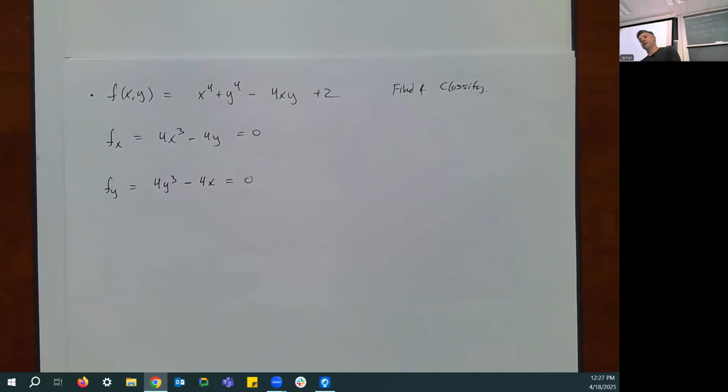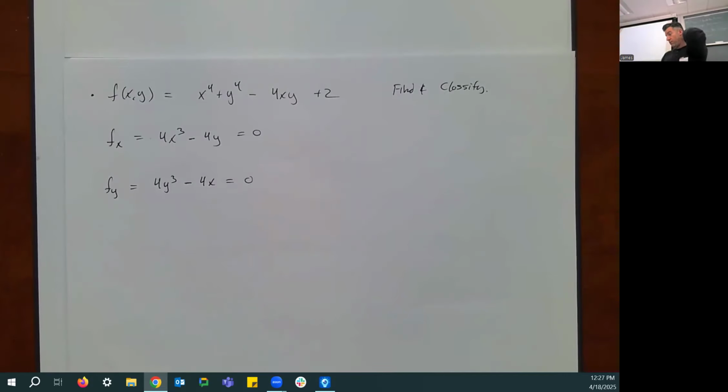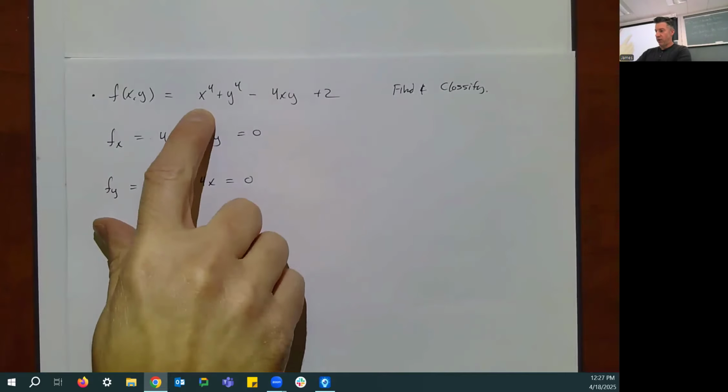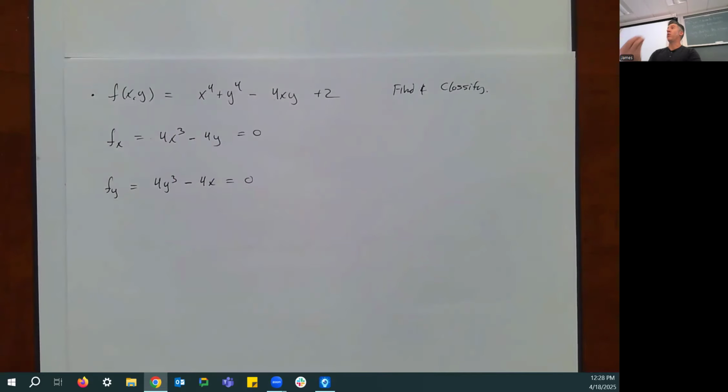A quick aside. This equation, x to the fourth plus y to the fourth minus 4xy plus 2, I would point out is what we call symmetric in the variables x and y. Meaning if you interchanged x and y, like if you literally replaced this x with y and that y with x, you would still have the same equation. When that's true, it almost always means that your critical points come in pairs that are flips as well.